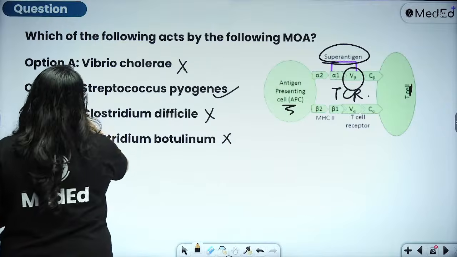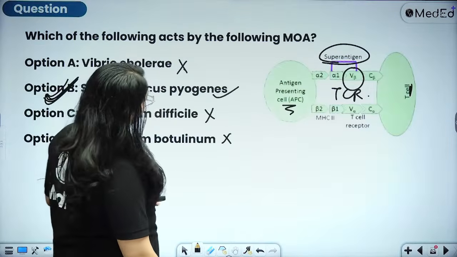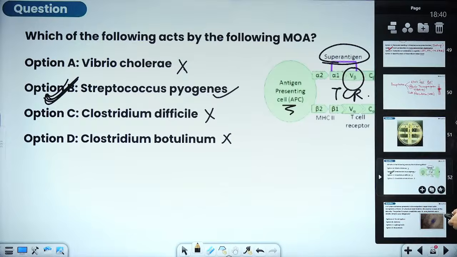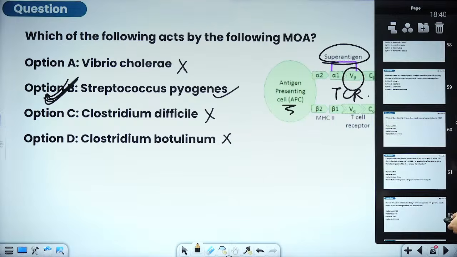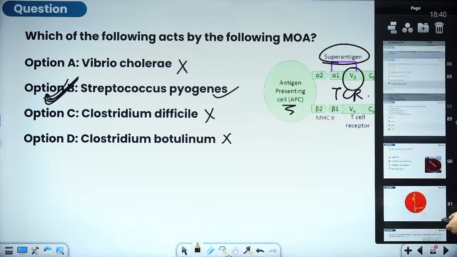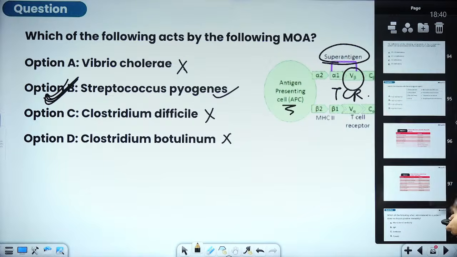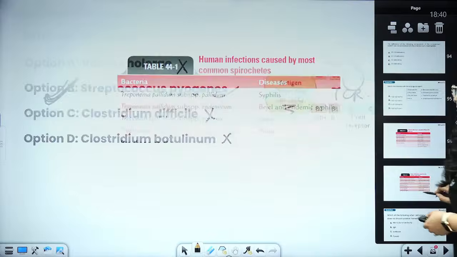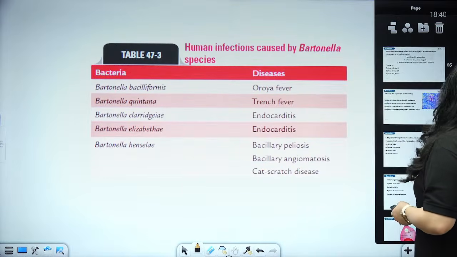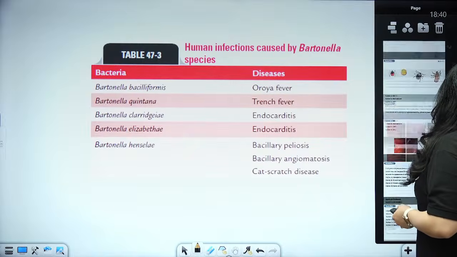Strep pyogenes. So you have to remember examples of super antigens. I have not shown the table.